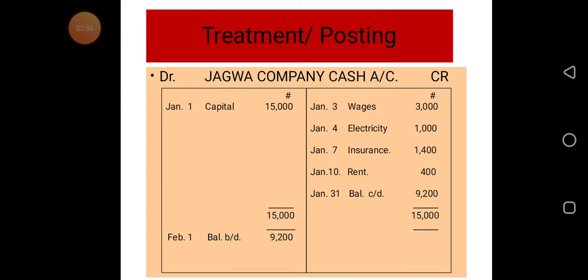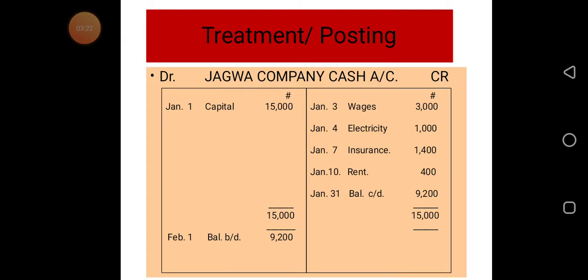Now, Jaguar Company has 15,000 naira to start a business. We assume that this money is not his own personal money, because a business is an entity of its own, differentiated from the proprietor's personal money. So the proprietor lends the business the money, which the business will pay back.